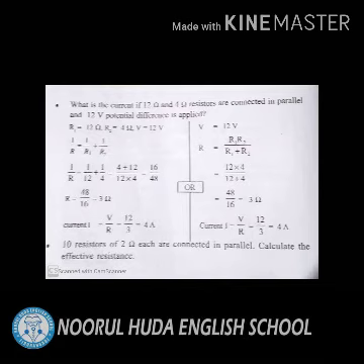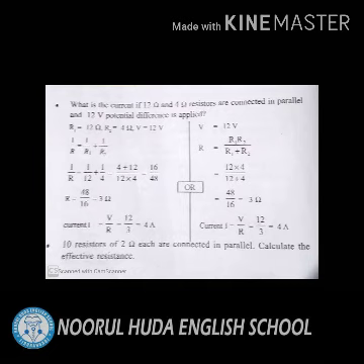So first we find out the effective resistance. Here we can use two equations: 1 by R is equal to 1 by R1 plus 1 by R2, or R is equal to R1 into R2 by R1 plus R2. If we calculate it in two ways, we get the same answer. 1 by R is equal to 1 by R1 plus 1 by R2, so 1 by R is equal to 1 by 12 plus 1 by 4.